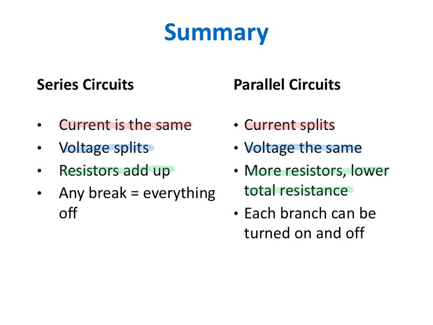And then finally, if you have any break in a series circuit, so if one of those components breaks, the whole circuit stops. The loop is broken, and if you have no path or loop, you can't have a flow of charge. Your current cannot flow. Whereas in a parallel circuit, each branch can be turned on and off separately, so you get a lot more flexibility with a parallel circuit.